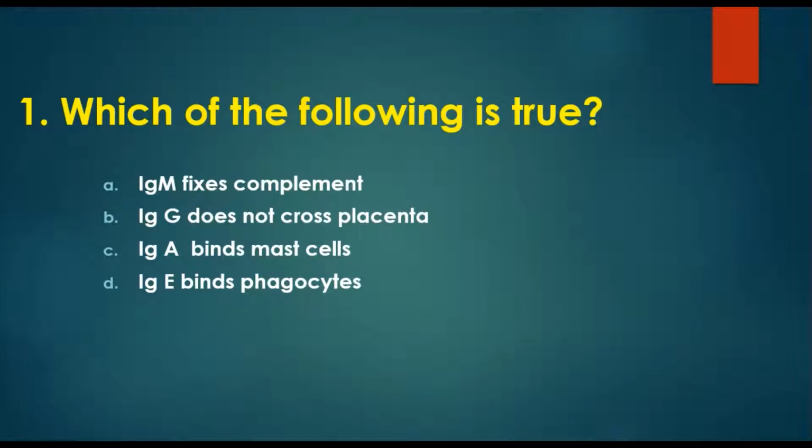Option C, immunoglobulin A binds mast cells. The immunoglobulin A does not bind to mast cells. Then coming to the fourth option, IgE binds phagocytes. This is going to be the right answer. That means, among the following statements, the last one, that IgE binds to phagocytes, is the true statement.